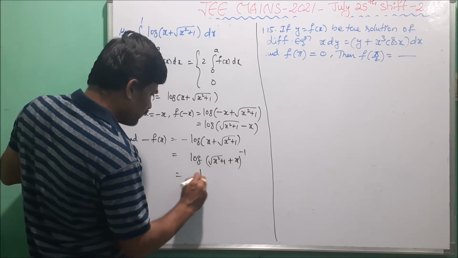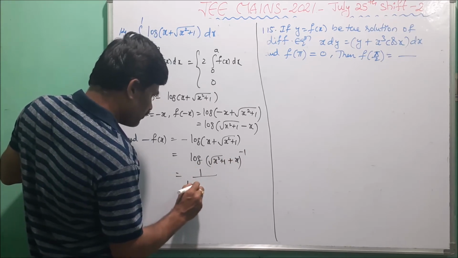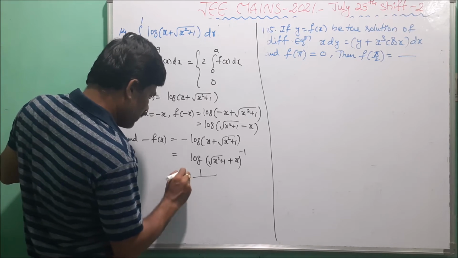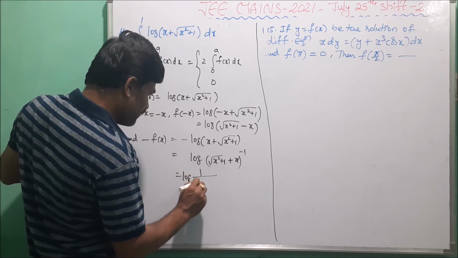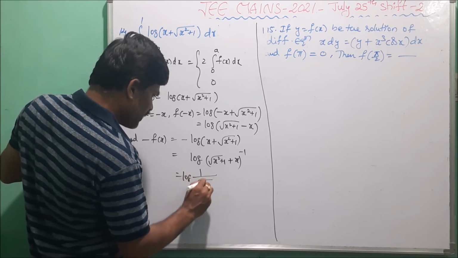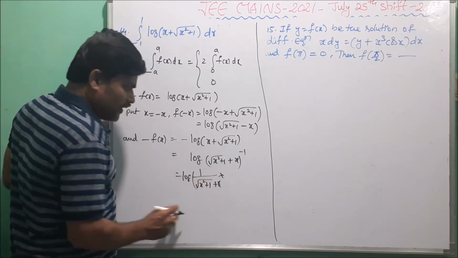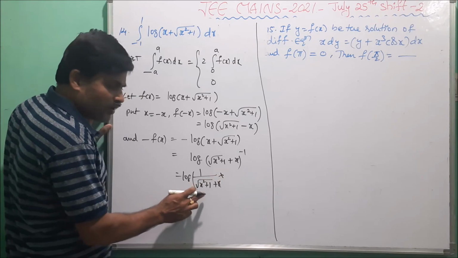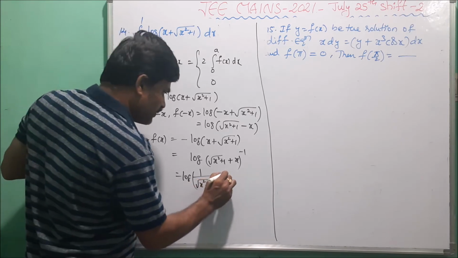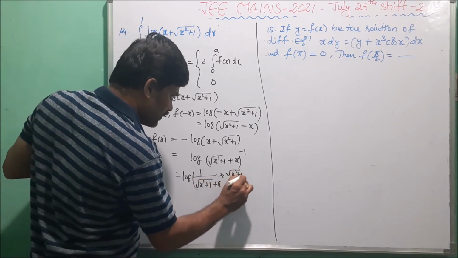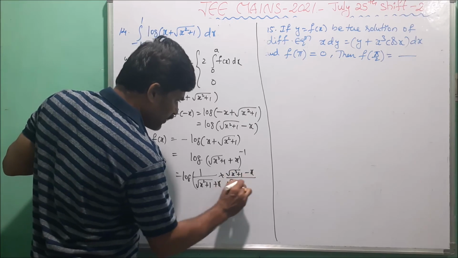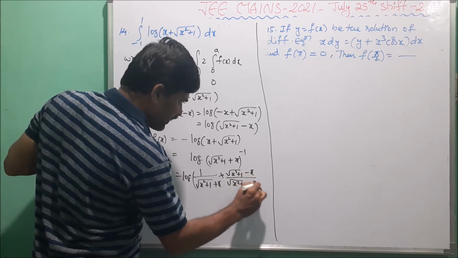From this one we write log of 1 by square root of x square plus 1 plus x. So here we rationalize with the conjugate factor, that is square root of x square plus 1 minus x by square root of x square plus 1 minus x.